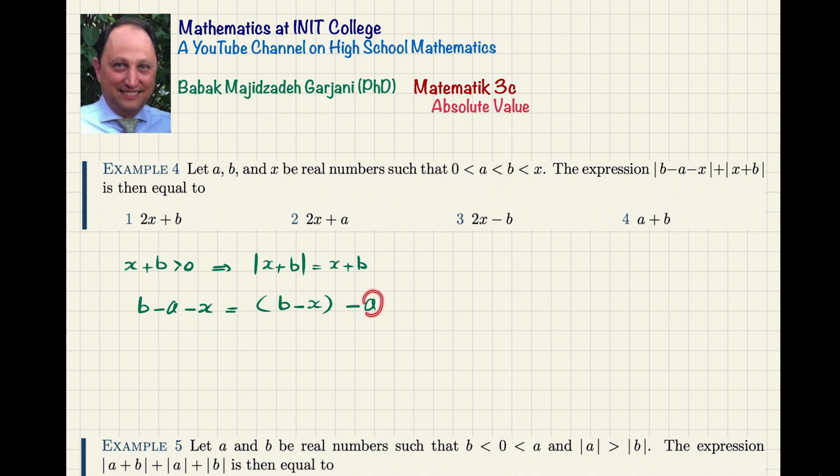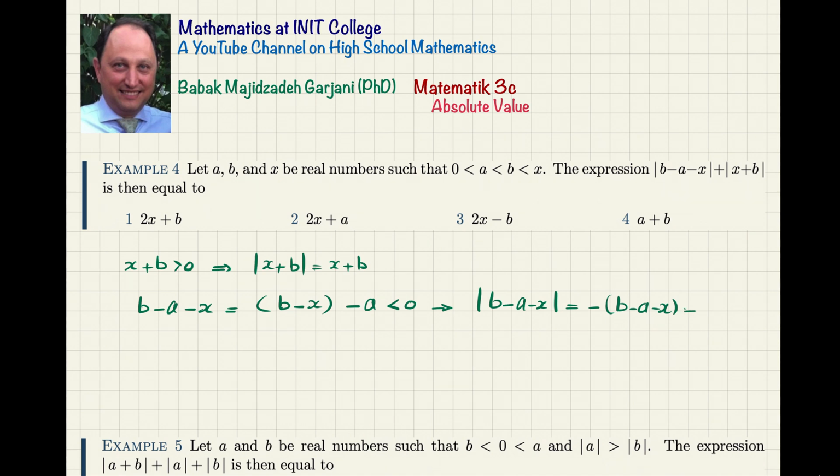But a itself is positive. Minus sign added to that, it becomes negative. So this part is negative, this part is negative, and I am adding them, so it becomes a negative number at the end. So definitely this becomes negative. And then what does it mean? It means that the absolute value of b minus a minus x is the negative of that expression.